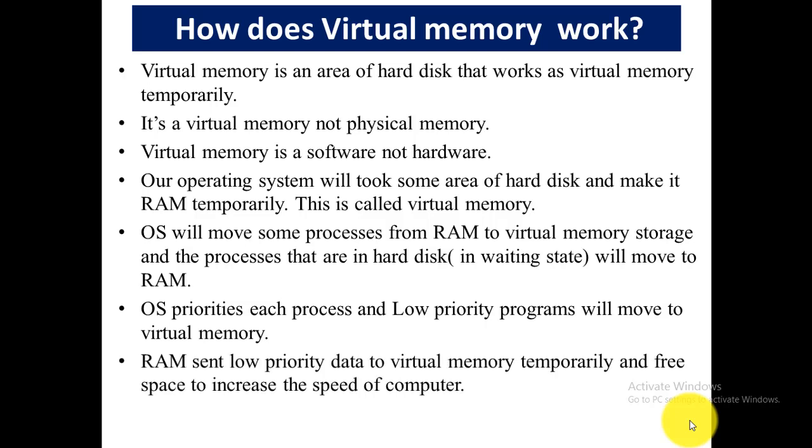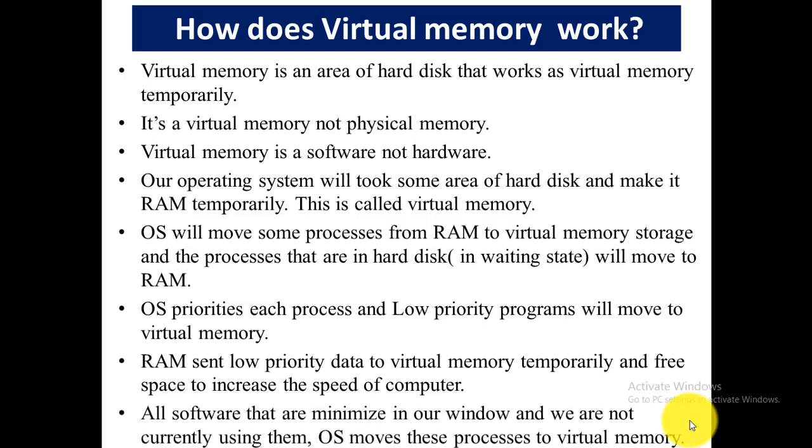RAM sends low priority data to virtual memory temporarily and frees space to increase the speed of the computer. All software that is minimized in our window and not currently in use, the operating system moves these processes to virtual memory, giving a chance to other applications to load into the RAM for execution.